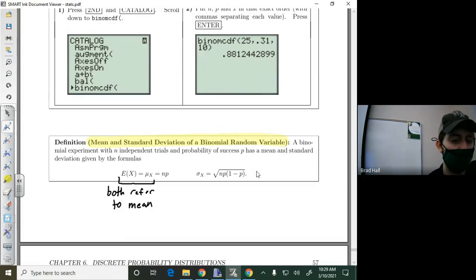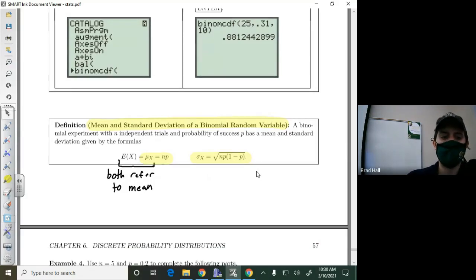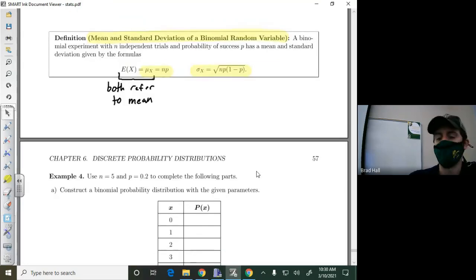And it's just saying that the expected value is just your sample size, lowercase n, times your probability. And then your standard deviation is the square root of, well, really your mean times the failure probability. So those are pretty straightforward formulas.